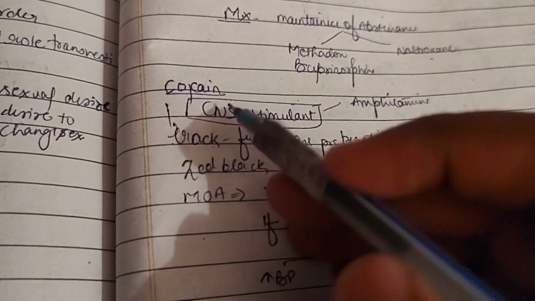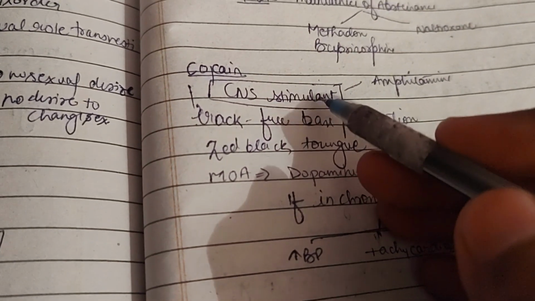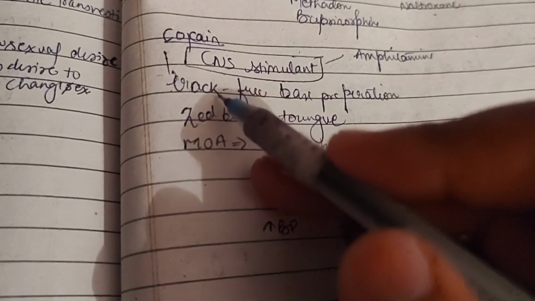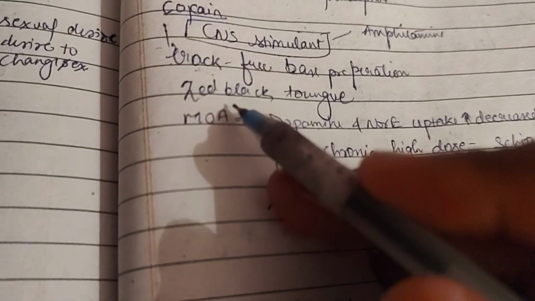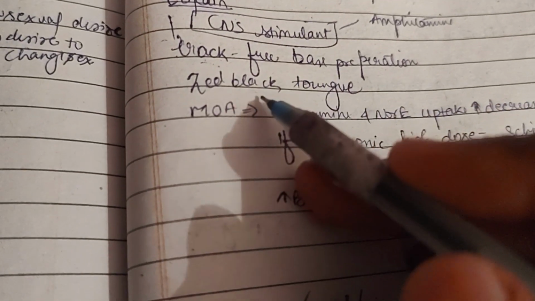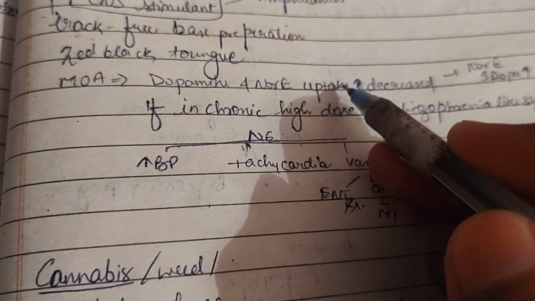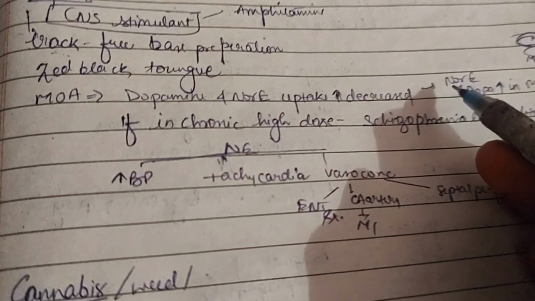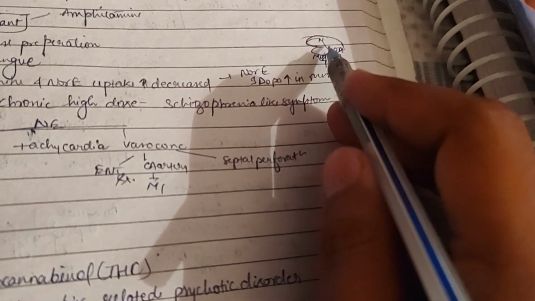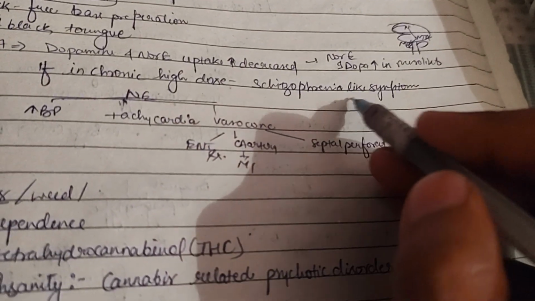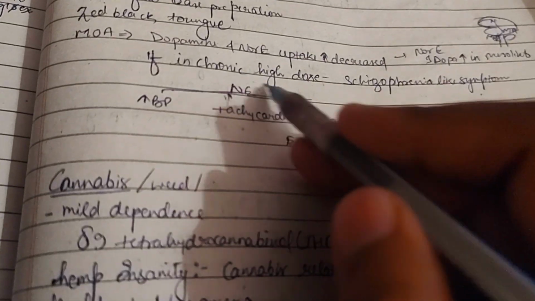Now come the CNS stimulants: cocaine and amphetamine. Free base preparation of cocaine is called crack. On chronic use, it causes black tongue. Its mode of action is decreasing dopamine and norepinephrine uptake, so dopamine and norepinephrine increase in the synaptic cleft in the mesocortical and mesolimbic pathway, which causes schizophrenia-like symptoms in chronic high dose.